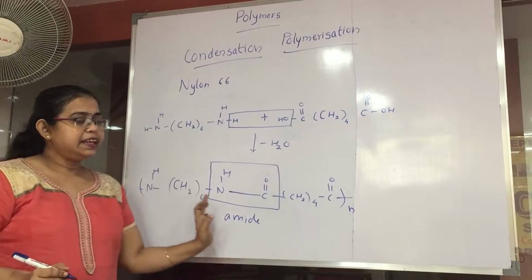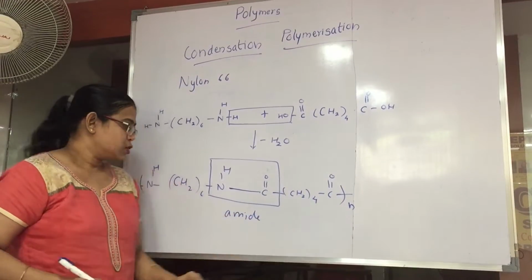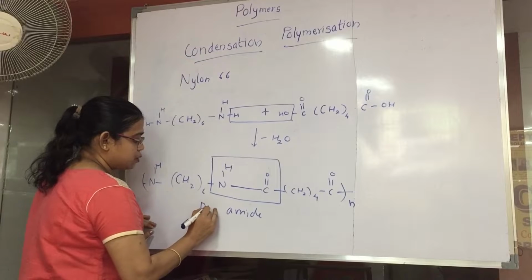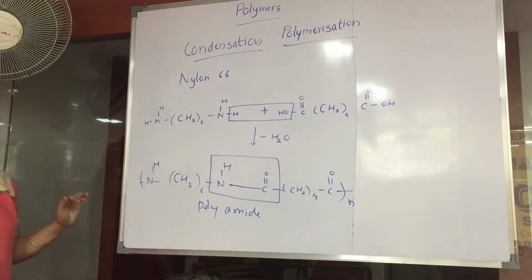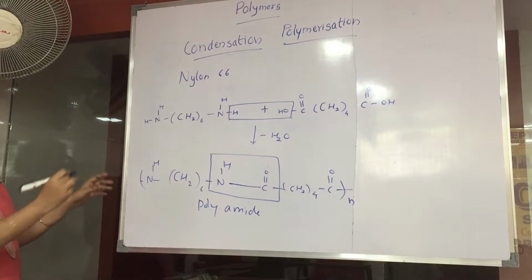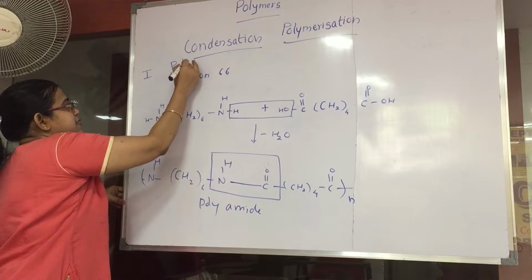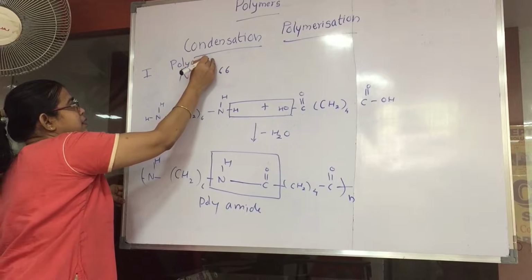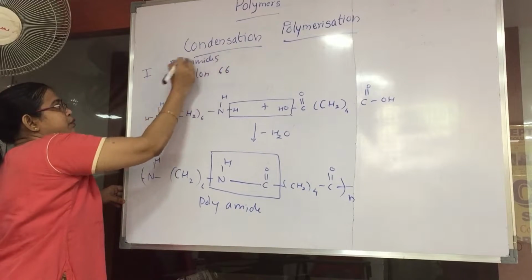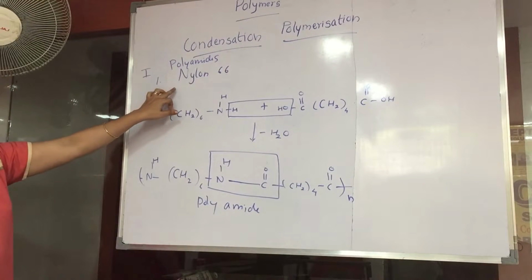So we will have many amide linkages in this polymer chain. So that is the reason this polymer is also called a polyamide chain. So this is our first example of polyamide. So right now we are discussing polyamides in condensation polymer. The first example of polyamides was nylon 66.